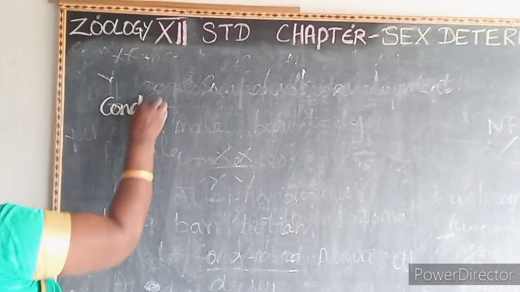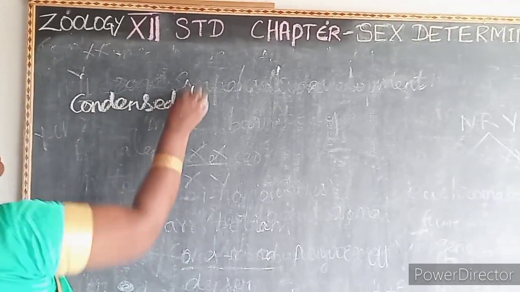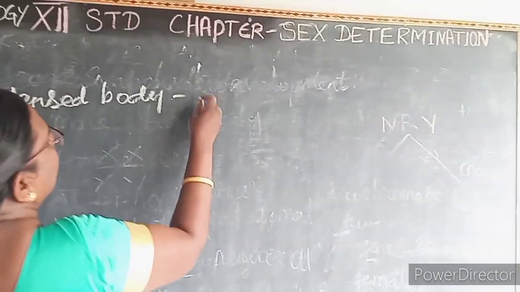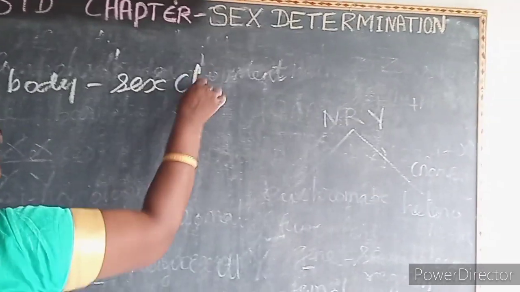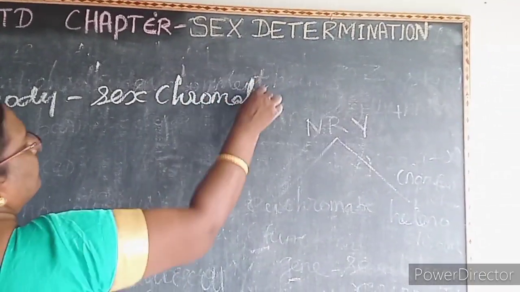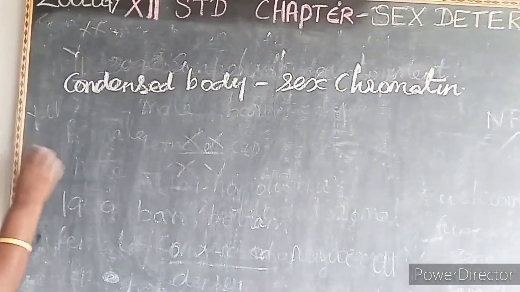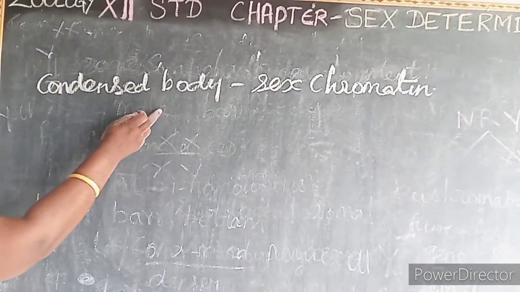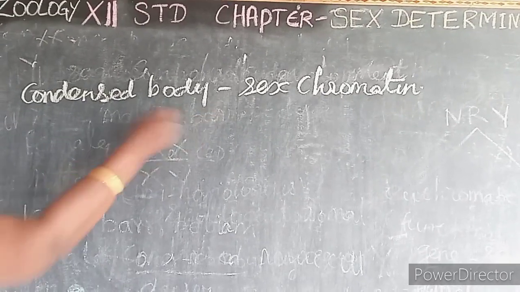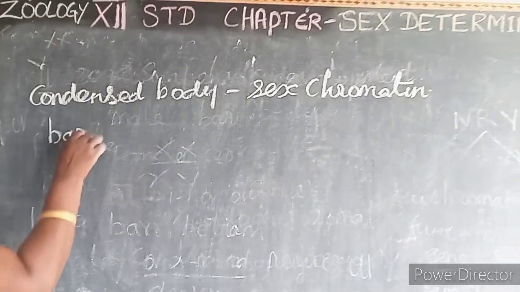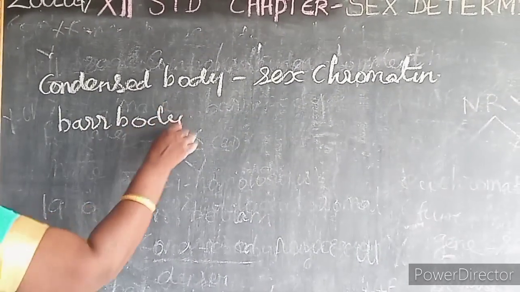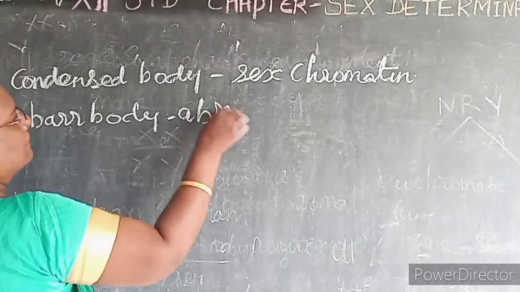Earlier this condensed body was called a sex chromatin. The female nerve cell's thick, tightly coiled body is called a Barr body. Earlier it was called sex chromatin, and later it was called a Barr body. It is absent in the male.